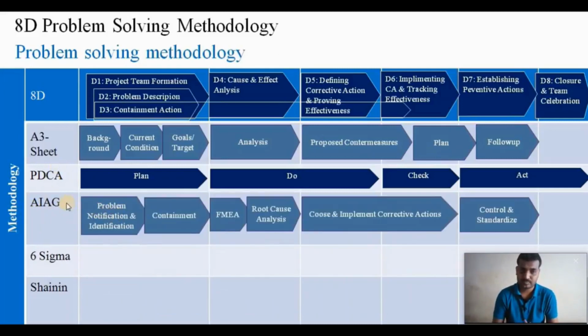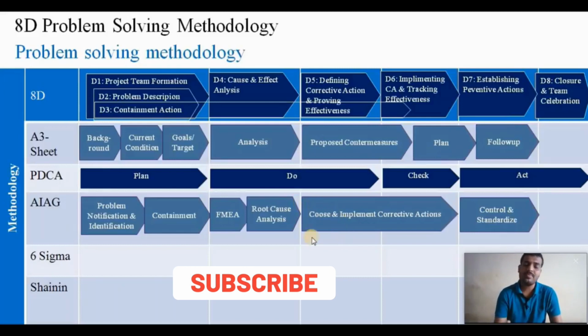In the third phase, failure mode effect analysis is done, and in the fourth phase, root cause analysis is done. In the fifth phase, the corrective actions that come up from the root cause analysis are implemented, and in the last phase the output is controlled and all the actions are standardized. So this is about the AIAG.